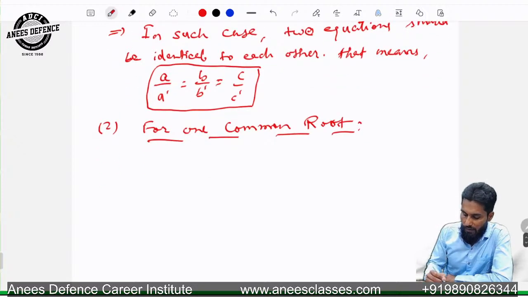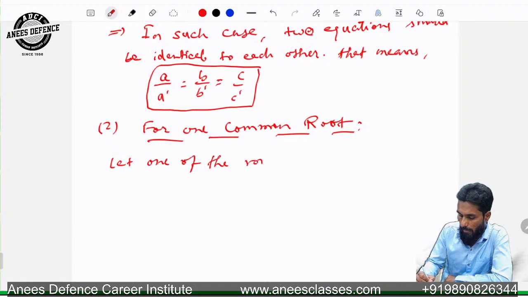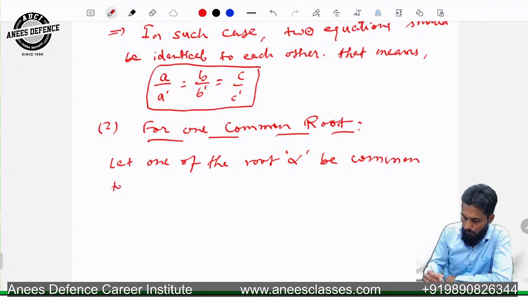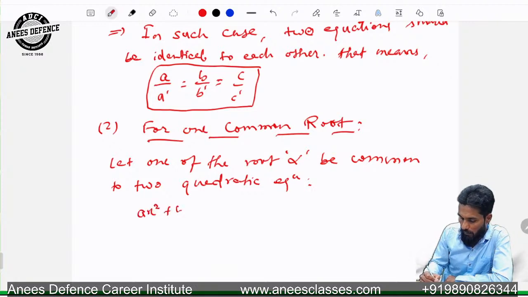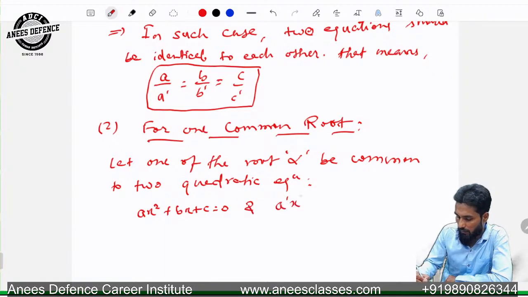When one root is common, it means we can consider that one of the roots, that is alpha, be common to two quadratic equations: ax square plus bx plus c equal to 0, and the second quadratic equation as a dash x square plus b dash x plus c dash equal to 0.